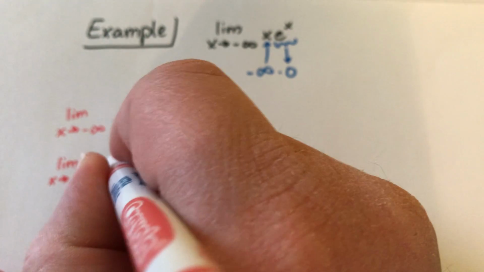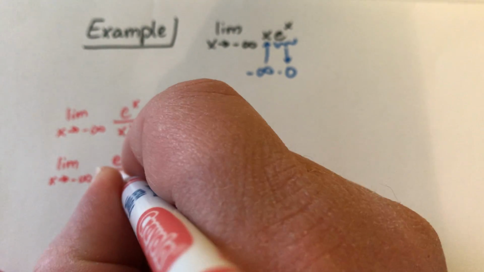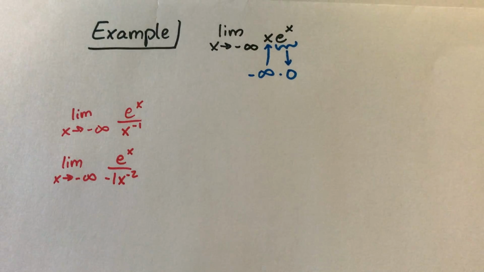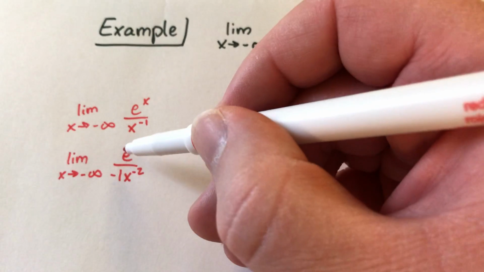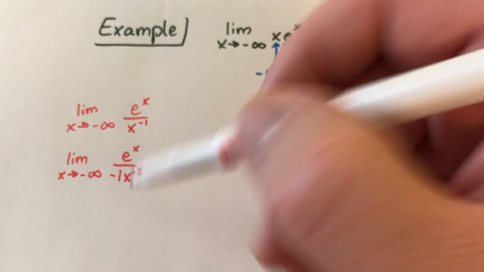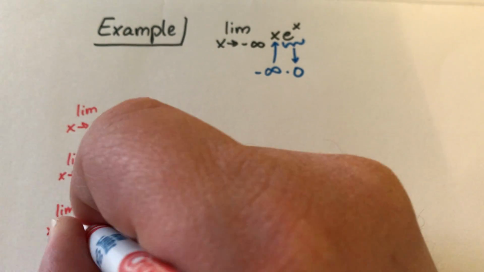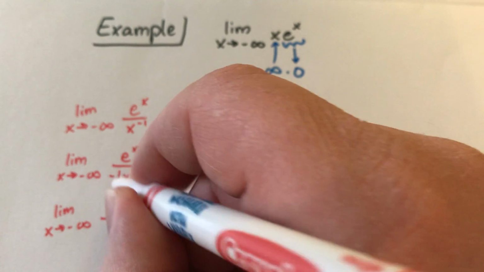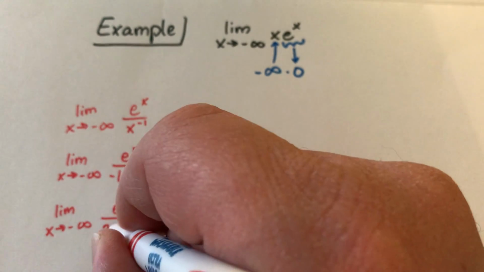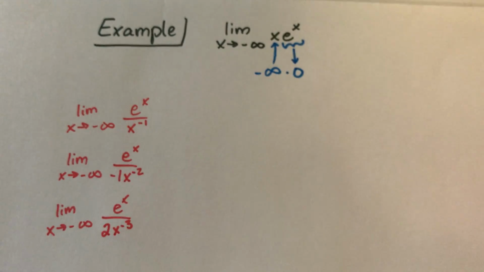The derivative of e to the x is e to the x, and the derivative of that is negative 1 x to the negative 2. Well, that's not making it any better. That's not making any improvements here. And if you continue to try this method, you would still keep getting kind of the same answers of e to the x on top and some x exponent in the bottom. So like the next one would be 2x to the negative 3. So it's only just making it worse going in this direction.